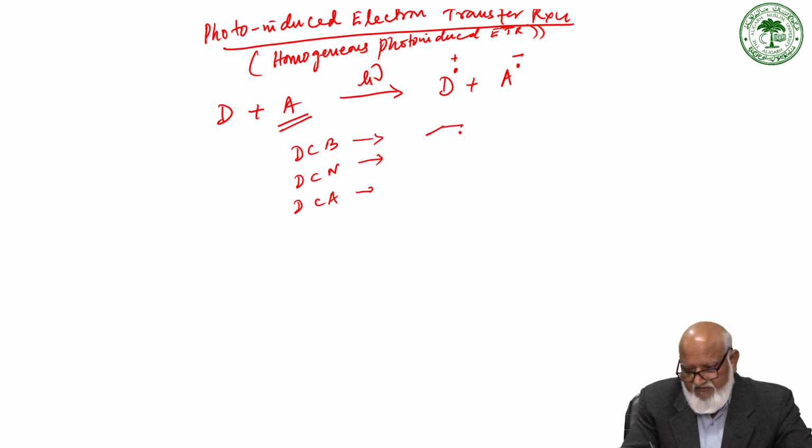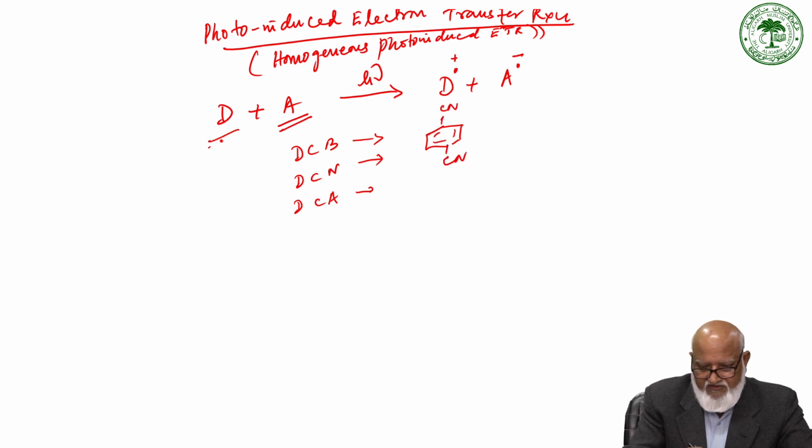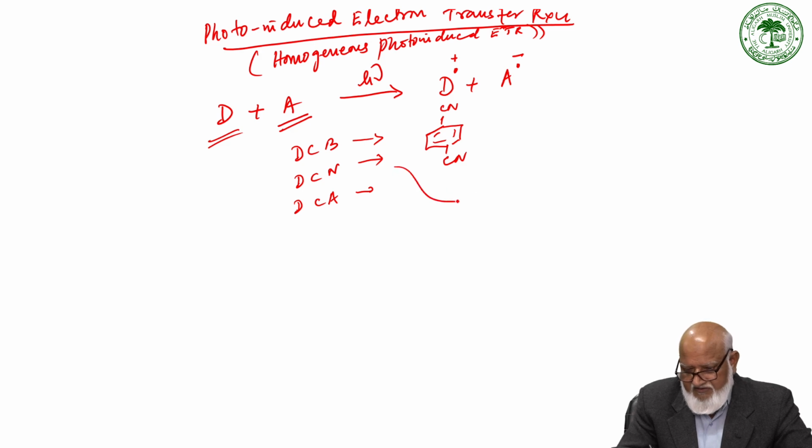This is dicyanobenzene, a very good electron acceptor. This is 1,4-dicyanonaphthalene, and this is 9,10-dicyanoanthracene. Numbering 1, 2, 3, 4 and 1 through 10.